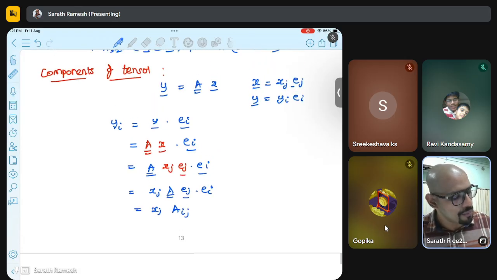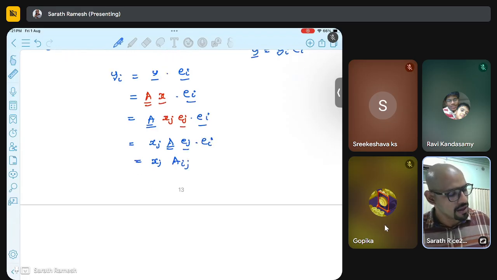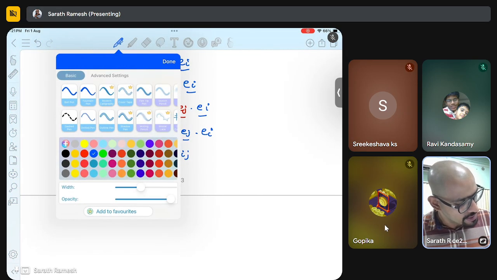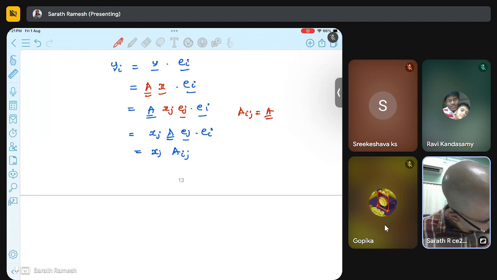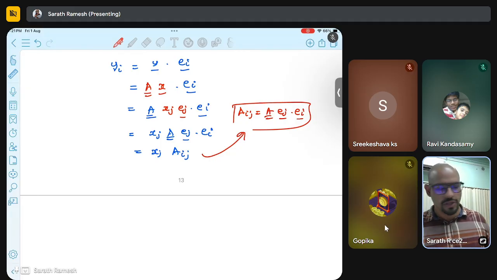We want to find the components of the tensor. The component of the tensor is A_ij, right? So A_ij is nothing but A e_j dotted with e_i. So that's it: A_ij is A e_j dotted with e_i. This is a component of a tensor.